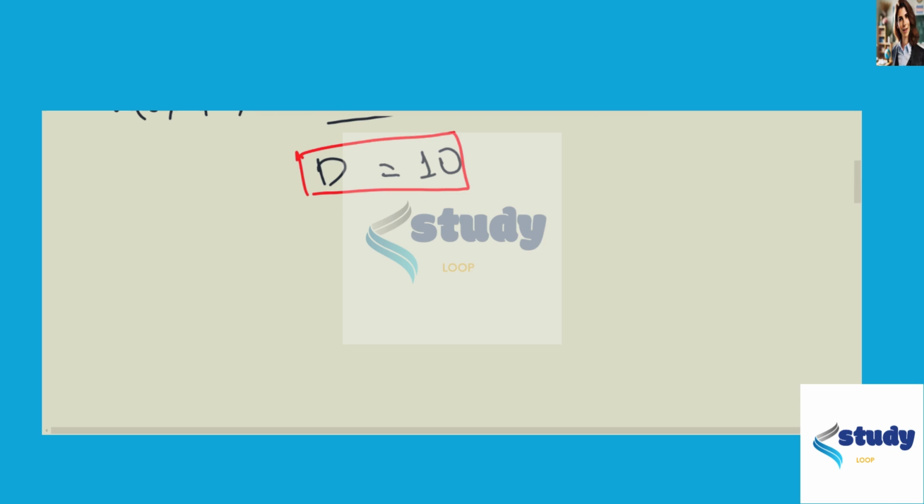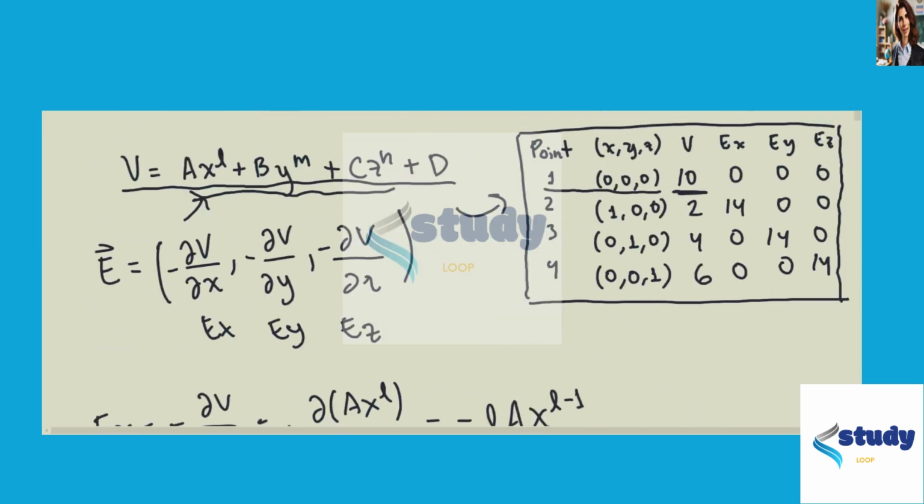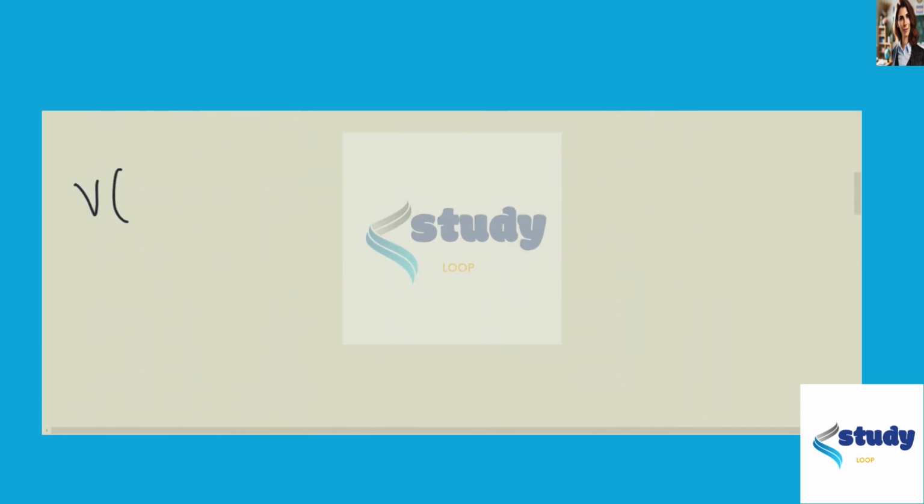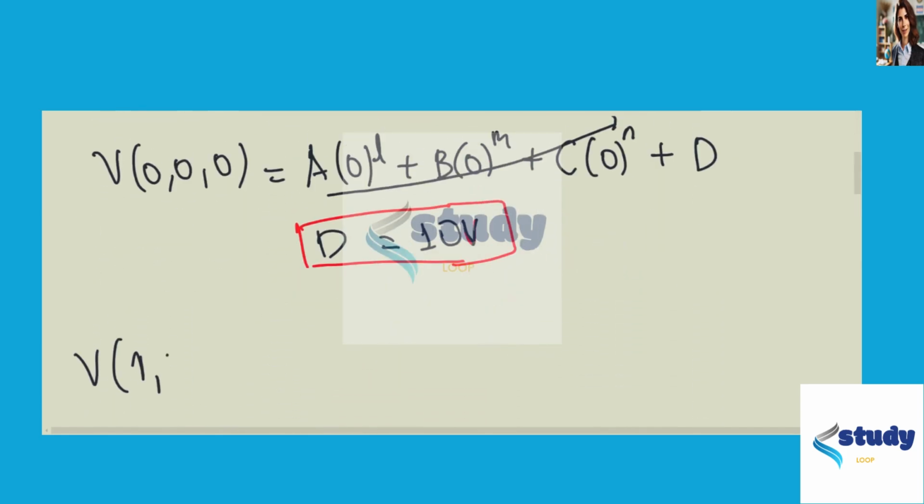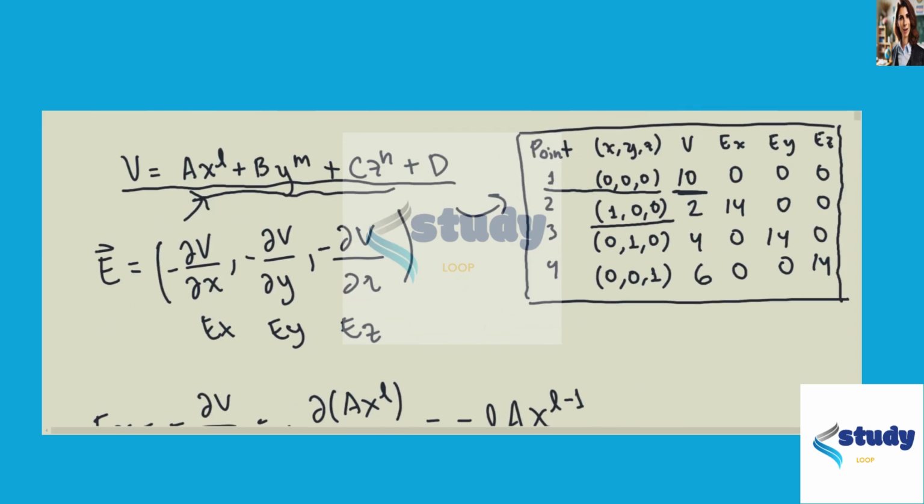Now, also this should be in volts. Now we use the second point to find another constant. In this case we have 1, 0, 0, and for that point, the electric potential is 2.